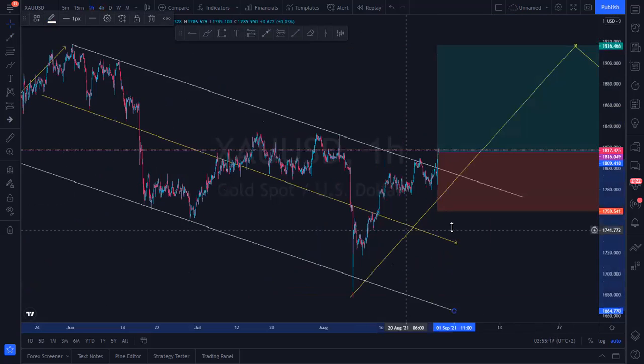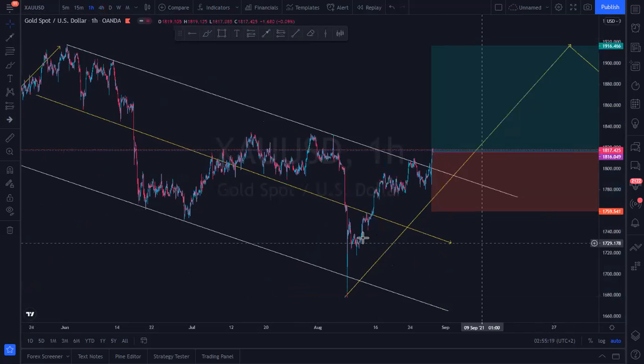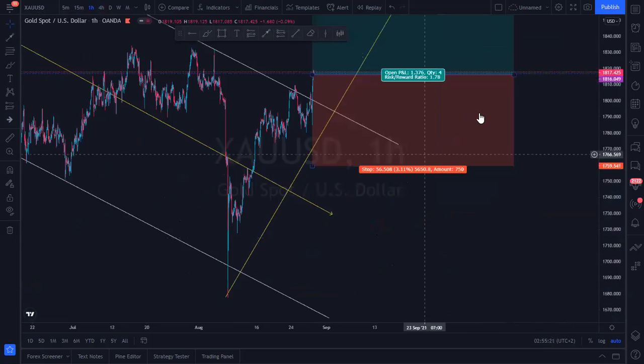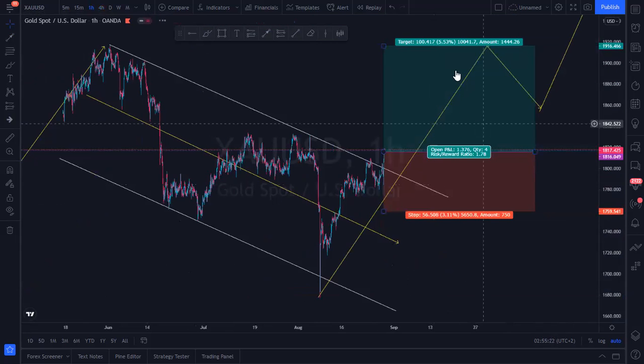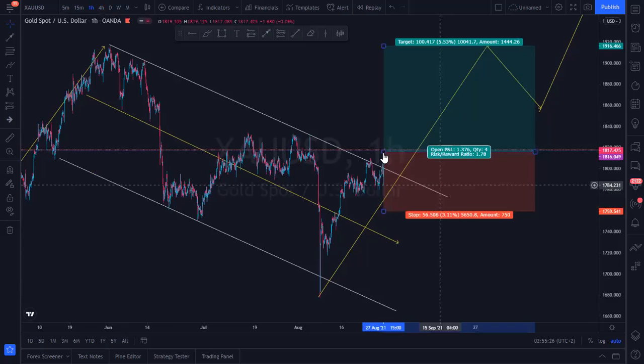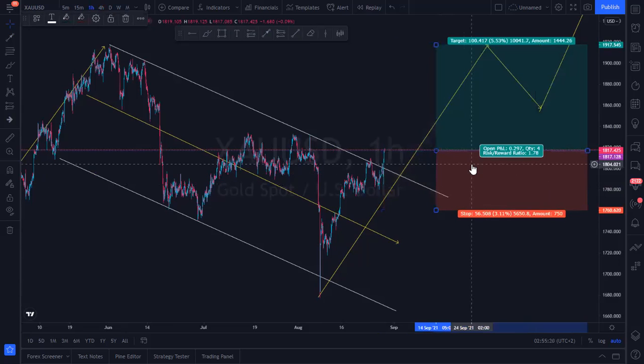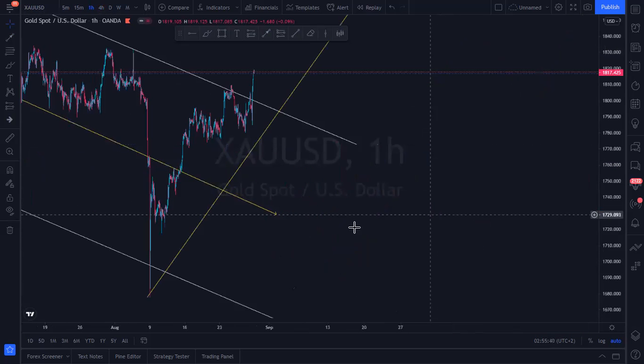So now, this was just showing that I'm expecting to take a long position, but it doesn't mean that I will enter my position just like that, because you can see 56.5, that's too much risk.